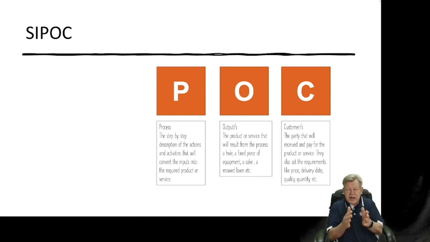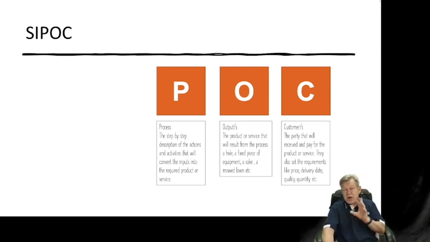Sometimes when we look inside a job, if I dig a hole and somebody else is going to put some reinforcing and concrete in there, then whoever comes after me that has to use what I have just created, they are the customer. So the process lists the steps.